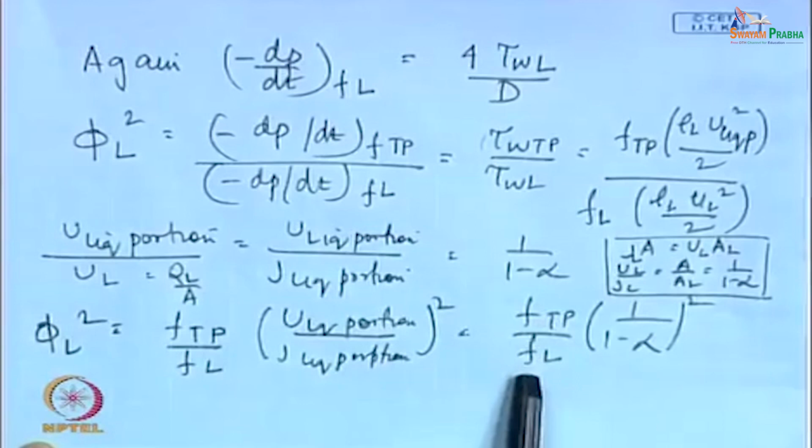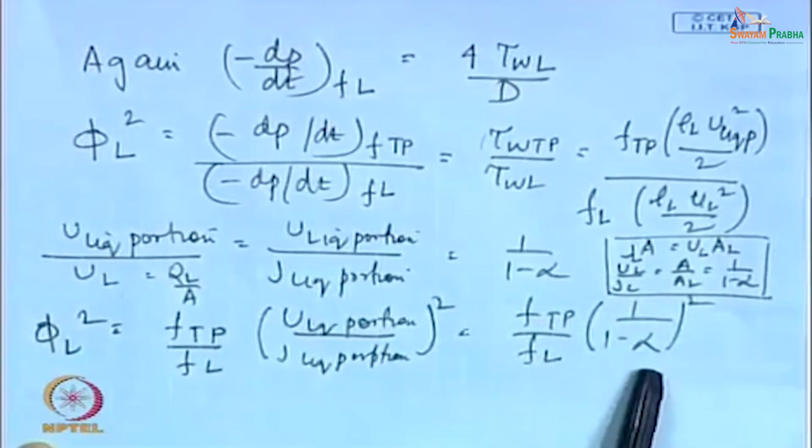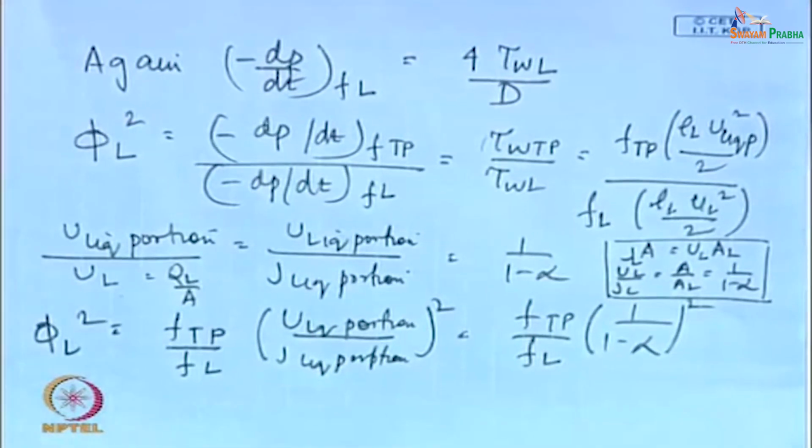First, I tried to find phi L square using the separate cylinder model as proposed by Lockhart and Martinelli. Then I tried to find phi L square from the actual flow situation. Agreed? So, what did I get in this particular case? It is F TP by F L into 1 by 1 minus alpha whole square. Agreed? Now, in this case you try to observe something.